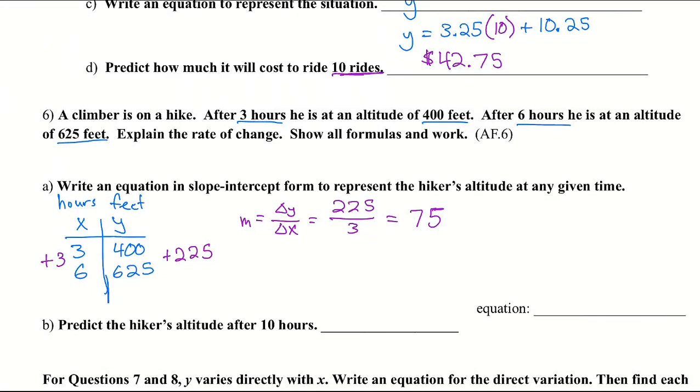Okay, so my equation is going to start with y equals 75x. And then just like we did in class today, what you need to do is use one of these ordered pairs as an x and a y coordinate and substitute that back into the slope-intercept equation. It will look like this.